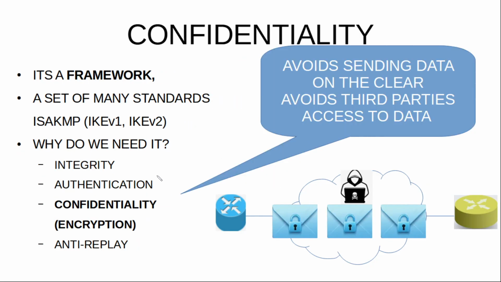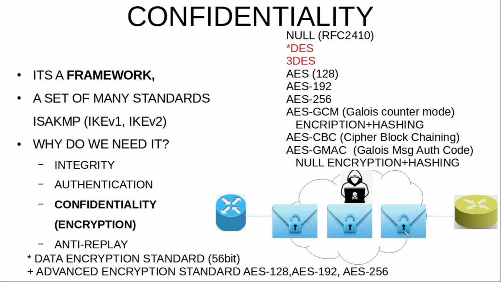Okay, let's talk now about confidentiality. With confidentiality, we're going to avoid sending data in the clear. That means that we are going to avoid third parties from accessing the data within the packets. In order to do so, we are going to perform encryption. There are several encryption methods out there.